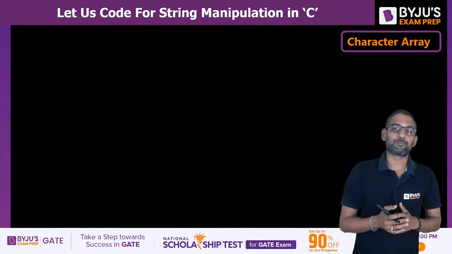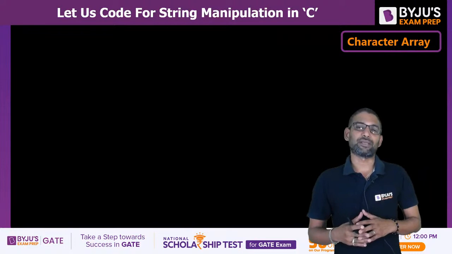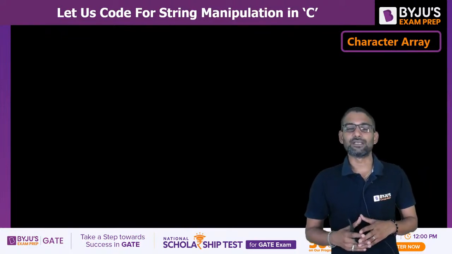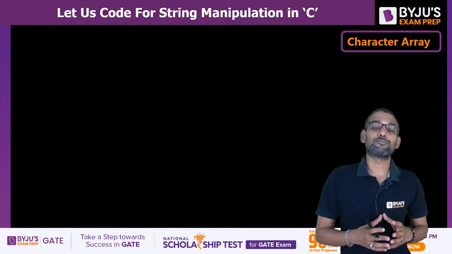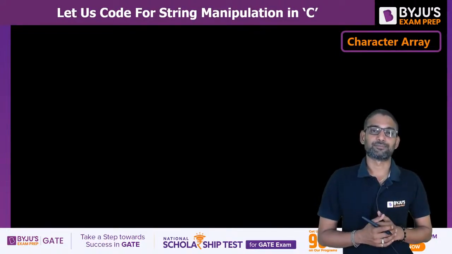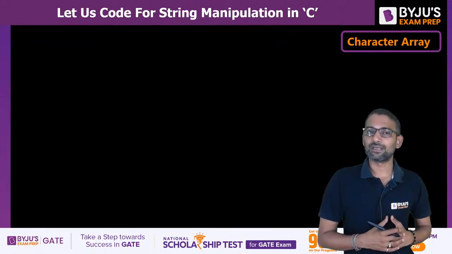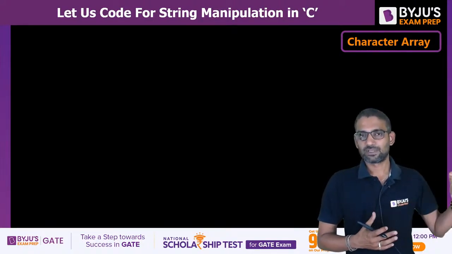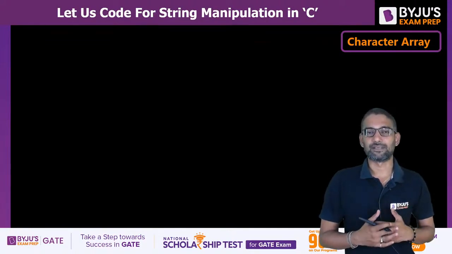So guys, what is string? In C programming, whenever we say string, string can be defined as group of characters. Group of similar data items, what we say? Array. Since past few classes we were discussing about this arrays.